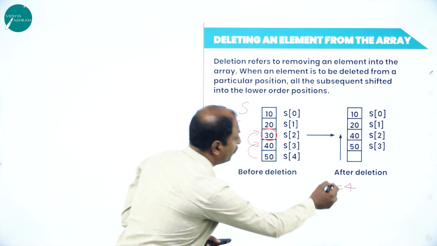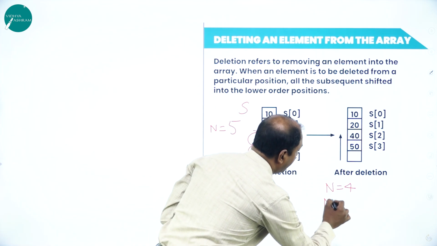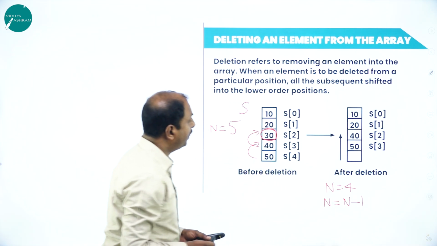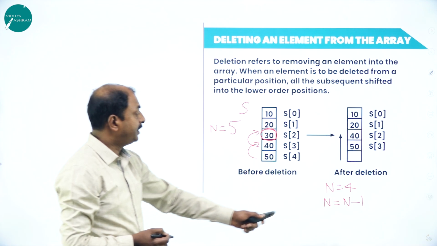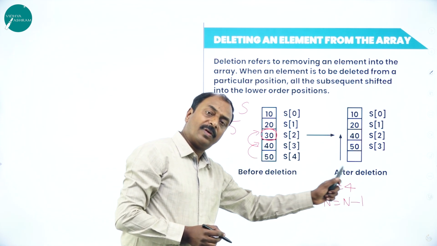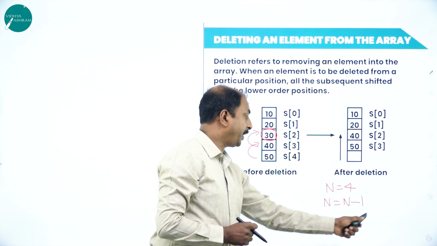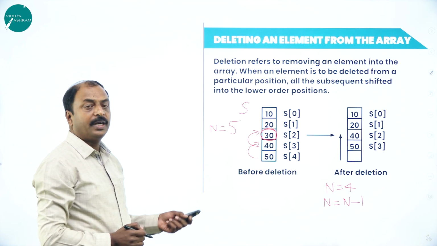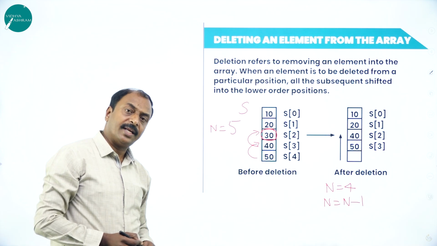So that is n equals n minus 1. After deleting an element from an array, the size will be reduced by 1. So this is the logic for deleting an element from an array.